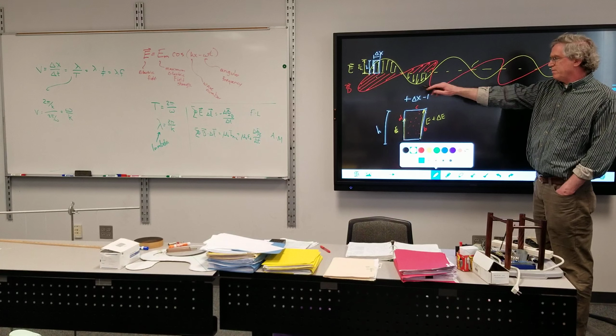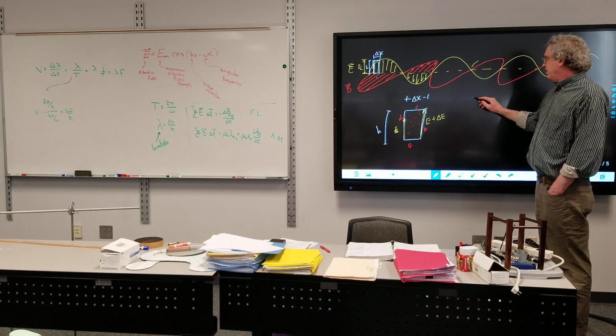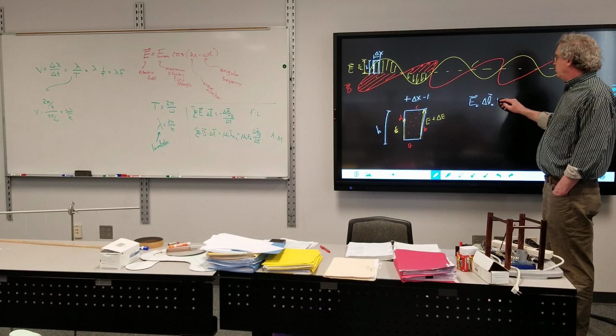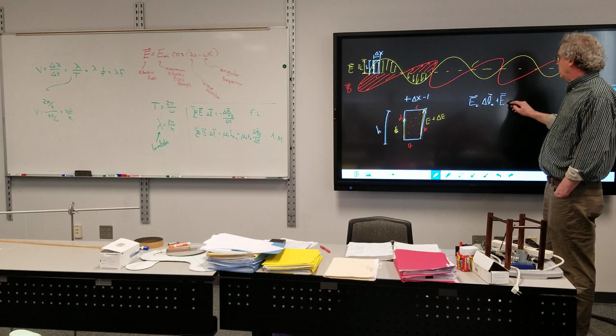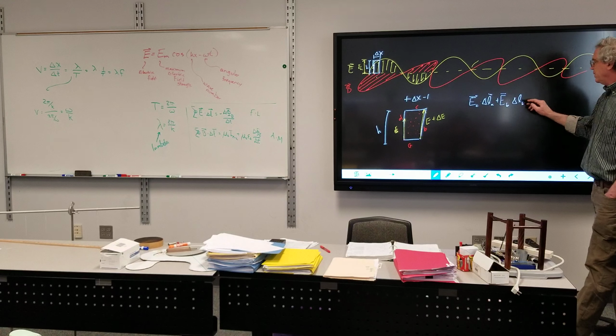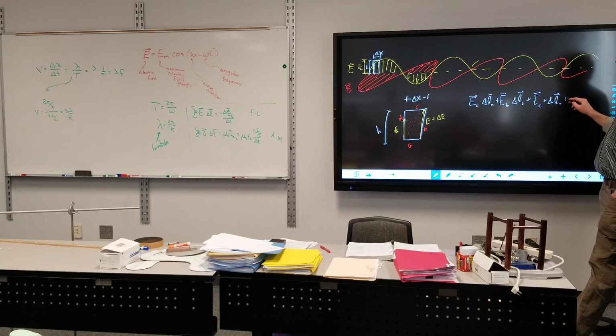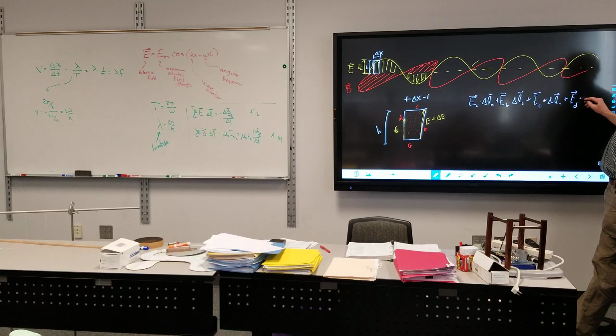And so, looking at Faraday-Lenz's law, I have my electric field along a dot the change in length along a, plus the electric field along b dot delta L b, plus the electric field along c dot delta L c, plus the electric field along d dot delta L d.